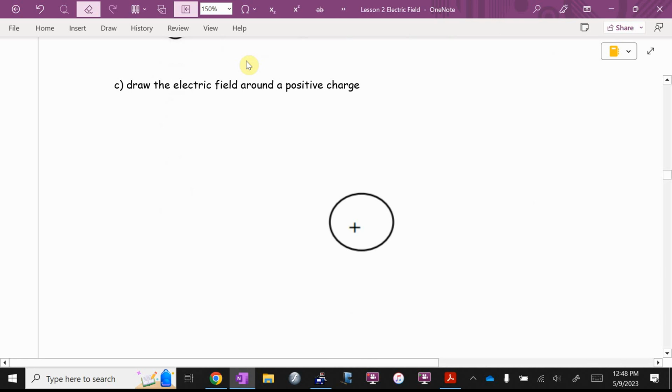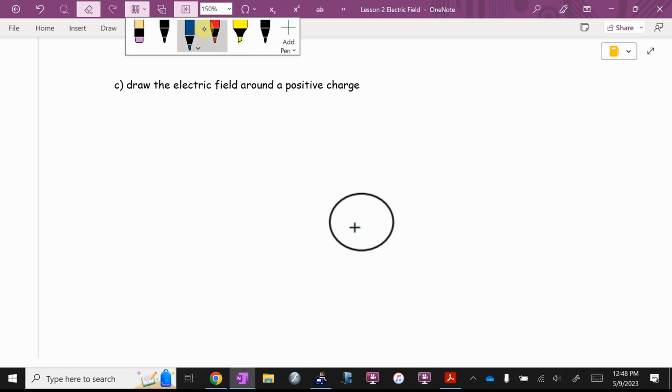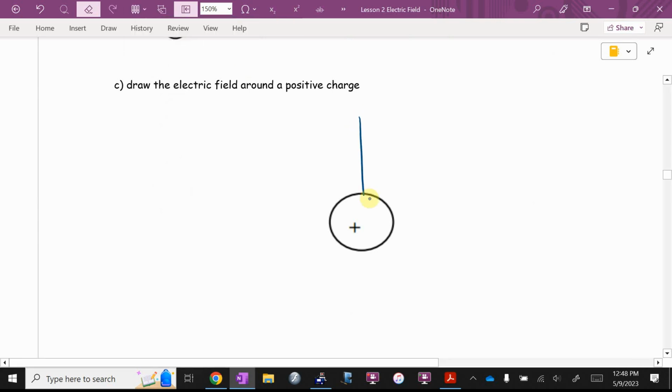Michael Faraday, first of all, came up with and coined the term fields, and he came up with the idea of lines as pictures. So it says, draw the electric field around a positive charge. Do me a favor, all of you, draw a little line like that, a line like that, a line like that, and a line like that on the 4 points of the compass. We're going to put arrows on these lines. Which way will the arrows point?